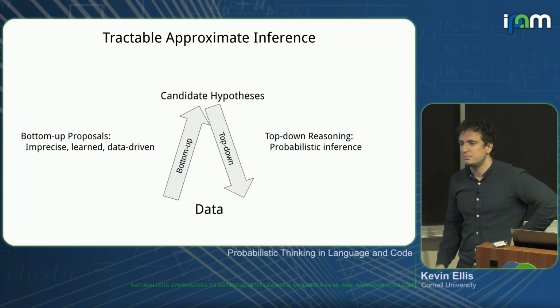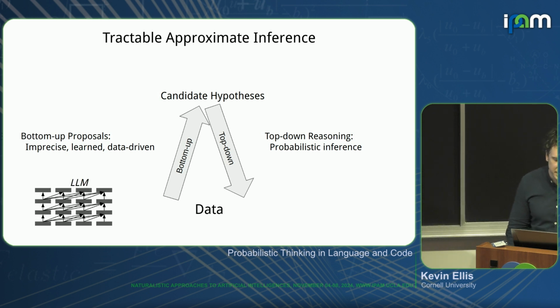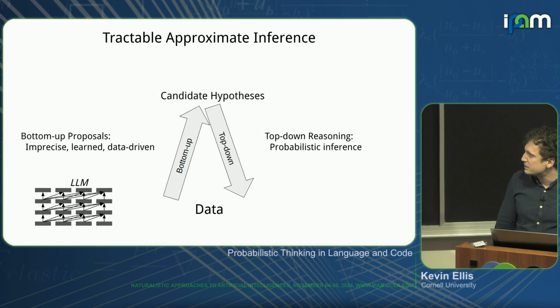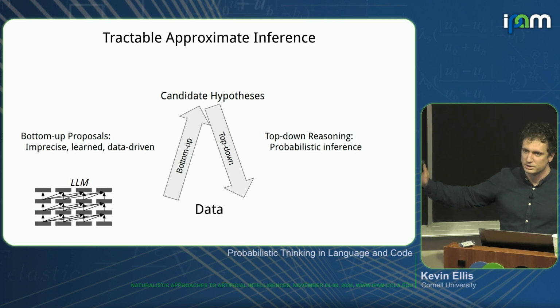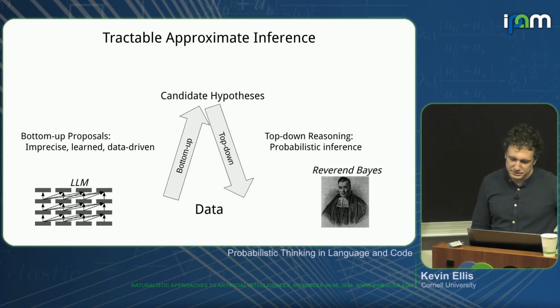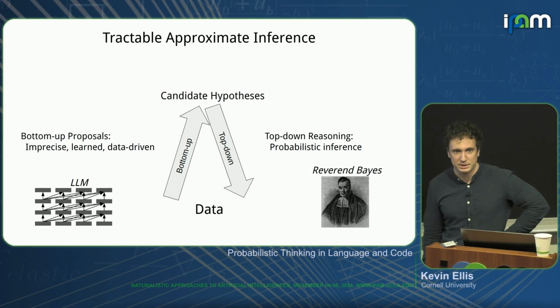And so if something was kind of a bad proposal, it's going to be downweighed by this top-down process. So as you might be able to imagine, for the bottom-up process, I'm going to use a transformer or a large language model. For the top-down process, we're going to use Bayes. And we get these two things to cooperate.